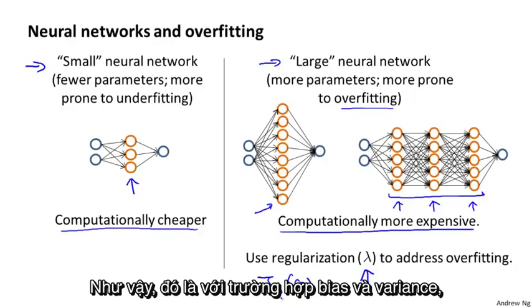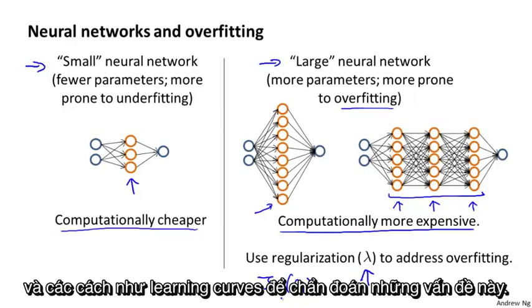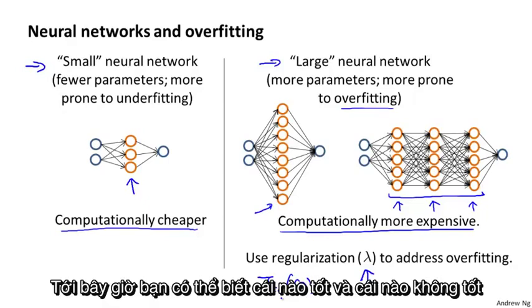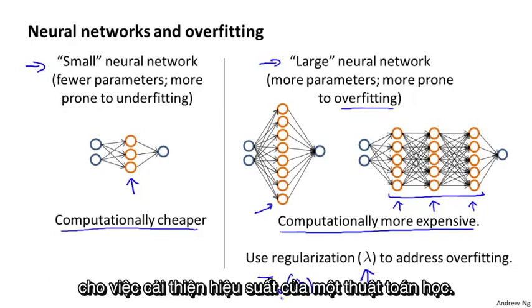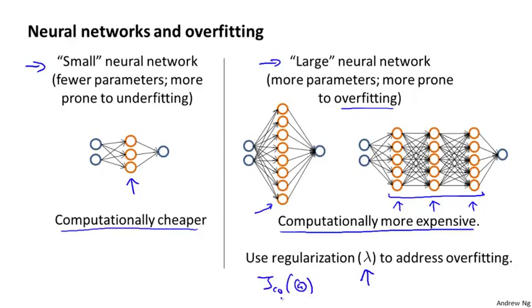So that's it for bias, variance, and ways like learning curves to try to diagnose these problems, as well as what these things imply for what might be fruitful or not fruitful things to try to improve the performance of a learning algorithm.